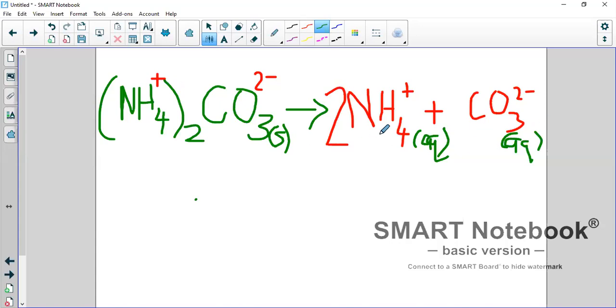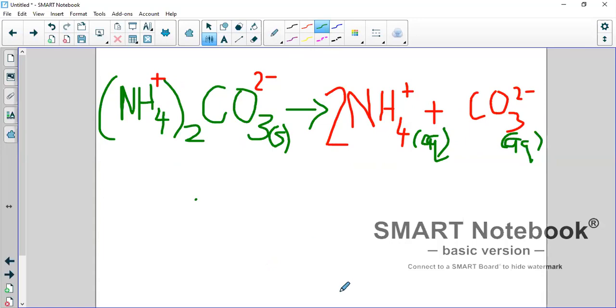Then you put the states. Ammonium carbonate is S for solid. The ammonium ion is aqueous, and the carbonate also becomes aqueous because it's surrounded by water, in solution with the water. That's how you write the balanced equation for the dissociation of ammonium carbonate.